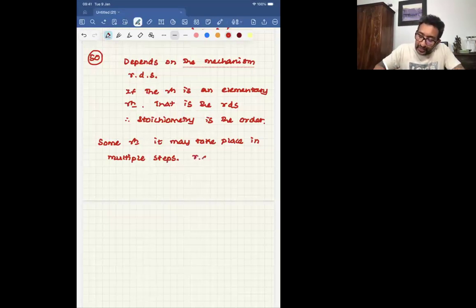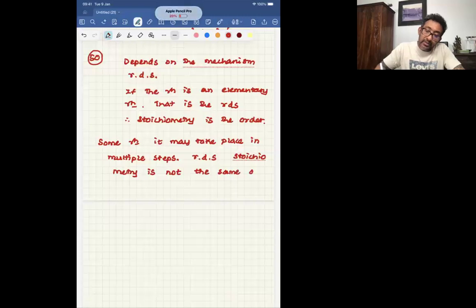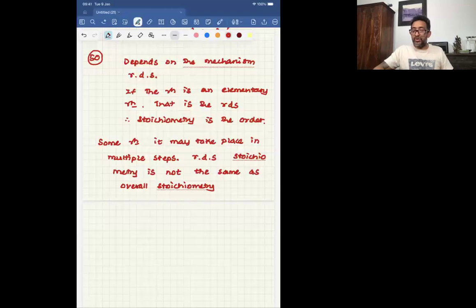So the rate determining step stoichiometry is not the same as the overall stoichiometry.